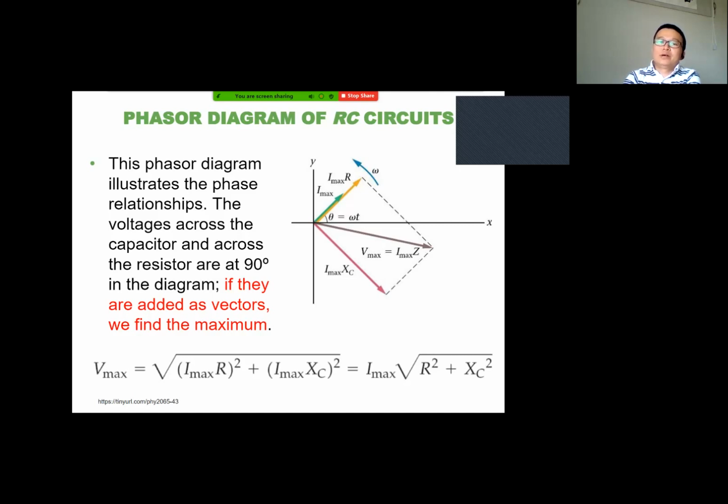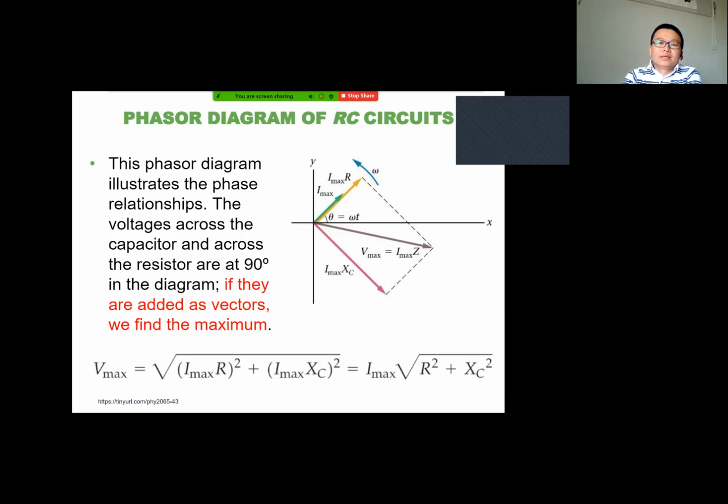Then the overall voltage phasor for the circuit is the I max R, this yellow vector, plus this red vector, giving the brown one here. You want to do the vector addition. Because these two have an angle of 90 degrees, you use the Pythagorean theorem for the diagonal, the total V max.